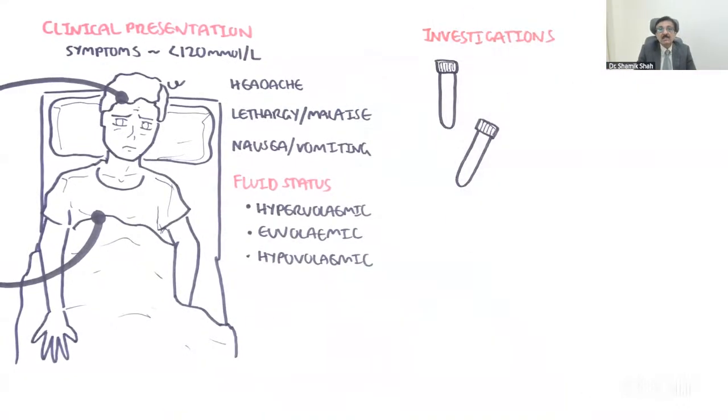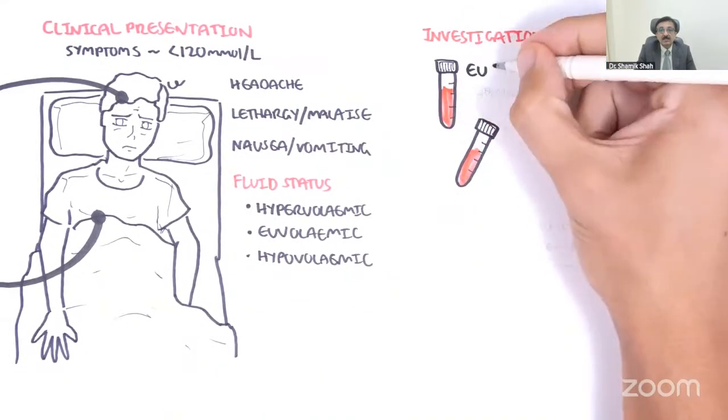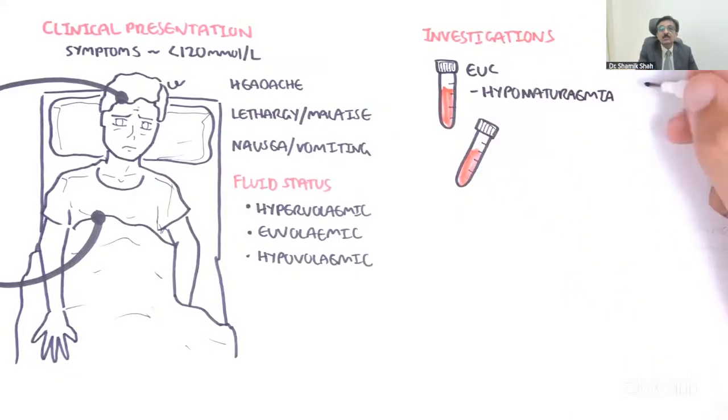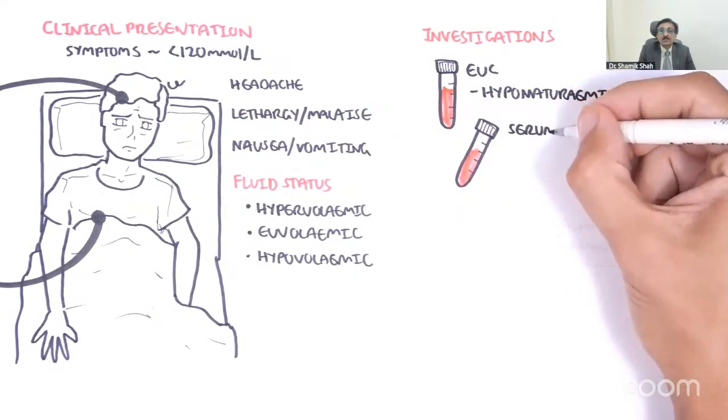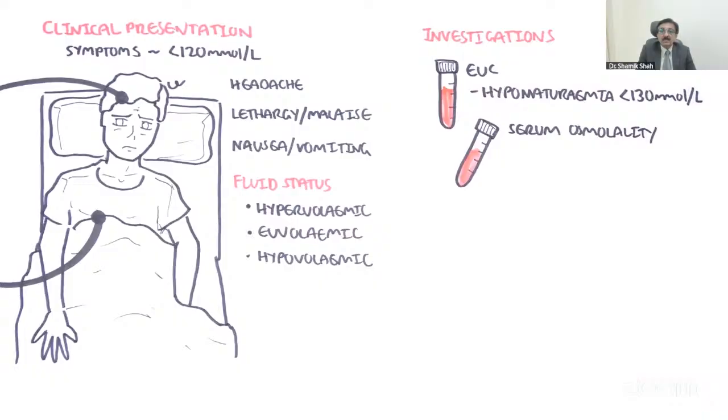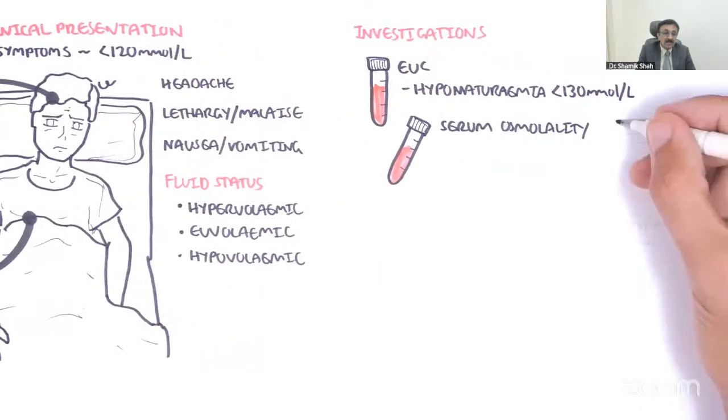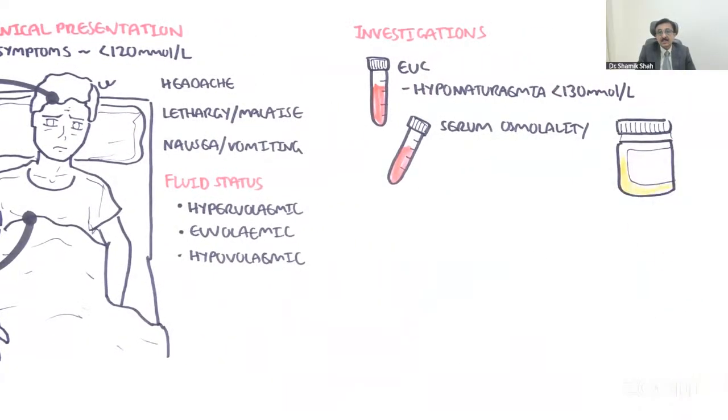Investigation-wise, when we see a patient has hyponatremia, of course, we have to look at the electrolytes, urea and creatinine. At the same time, before we treat the patient, we must do the serum osmolality, the urine osmolality, and the spot urine sodium. If the patient has already been treated by either diuretics or by IV saline, then these results will get vitiated.